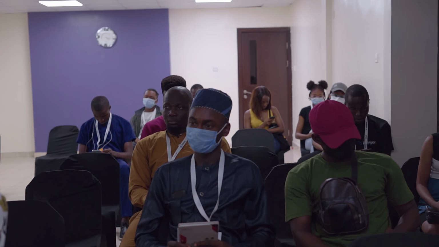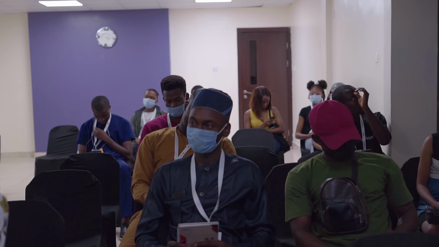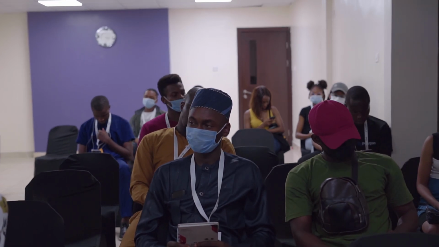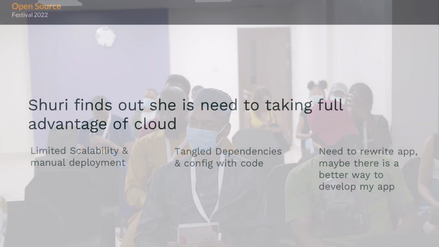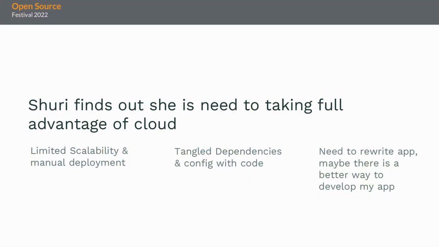And that's the point of this talk. It's not just about building your application. Are you taking advantage of the cloud? Or can your application take advantage of the cloud if there is need for it? So there's limited scalability. She's doing manual deployment, which is very slow. And her deployment is not repeatable, not predictable.